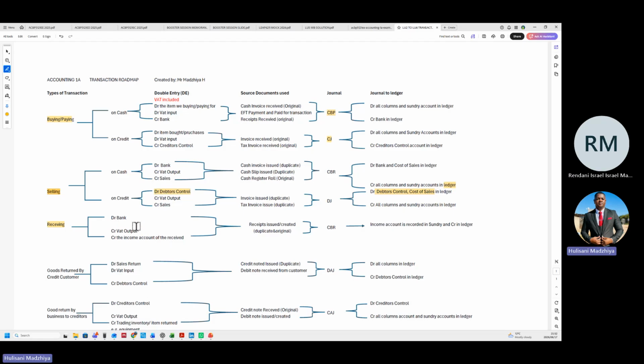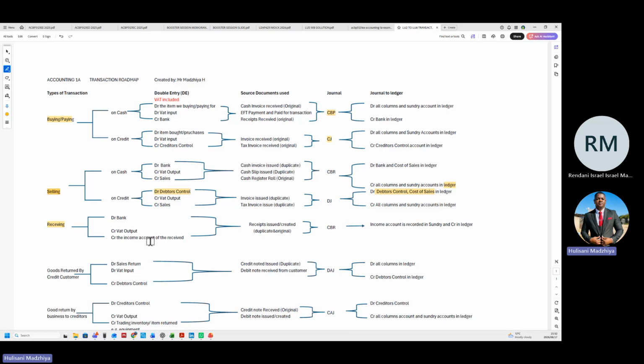So the main important thing, your bank account column, you will always record the total amount received, including VAT. And then you will indicate the VAT of that amount in the VAT column, followed by the amount excluding VAT in the account.